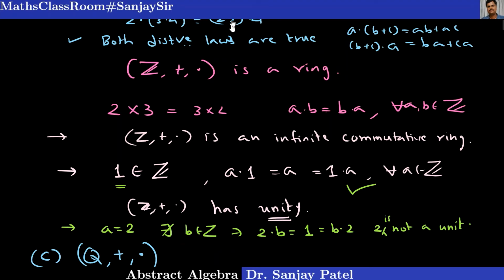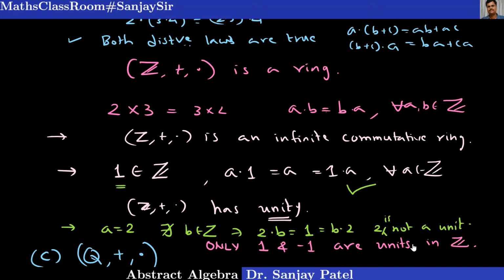I must mention that important thing, that only 1 and minus 1 are units in the ring Z, because 1 into 1 is equal to 1, and minus 1's multiplicative inverse is minus 1 itself, because minus 1 into minus 1 is plus 1, which is the identity element for multiplication.